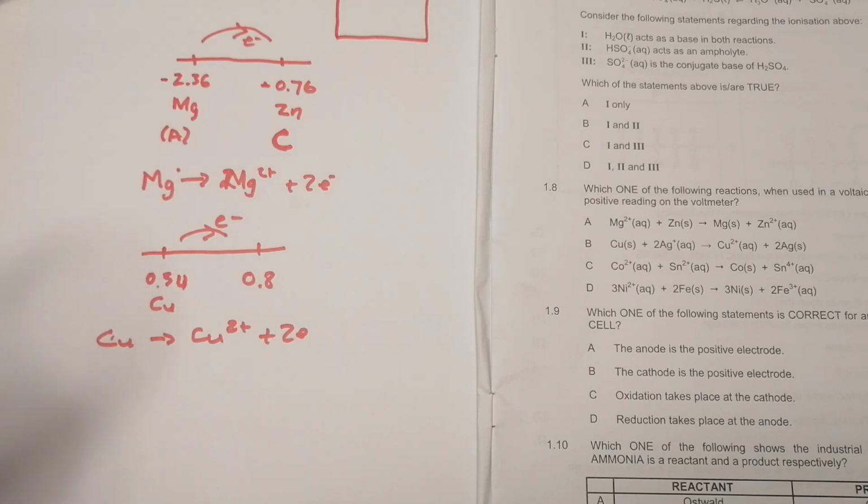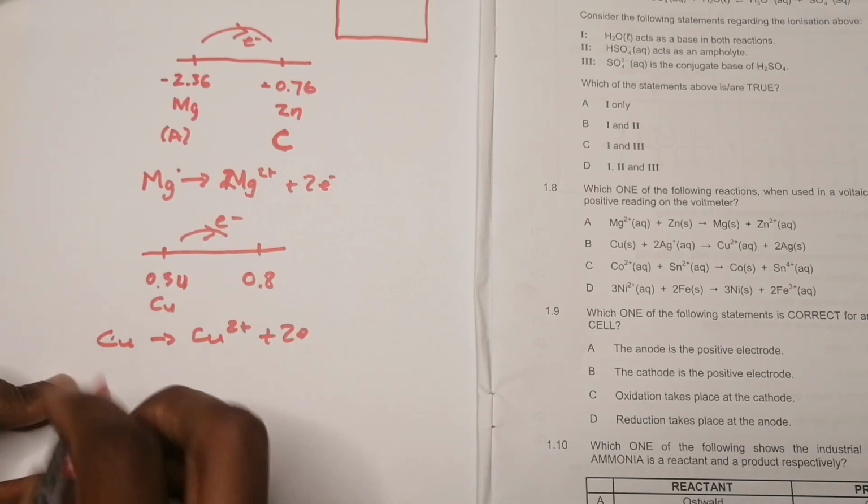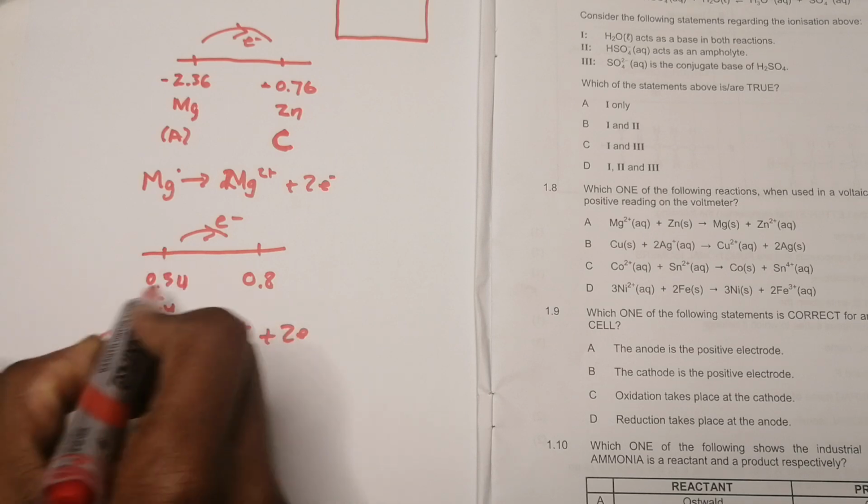Remember, in the galvanic cell, we found that the anode is negative. And why is that? Because that is where electrons are manufactured.